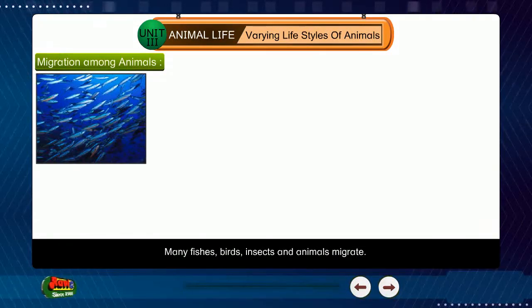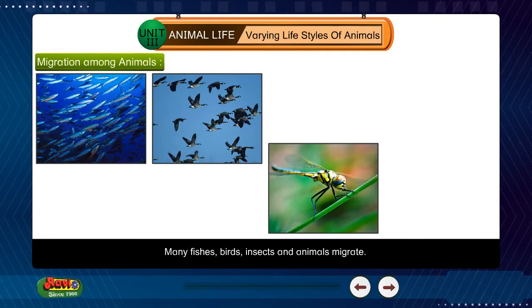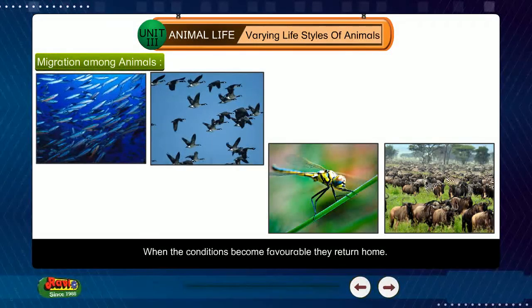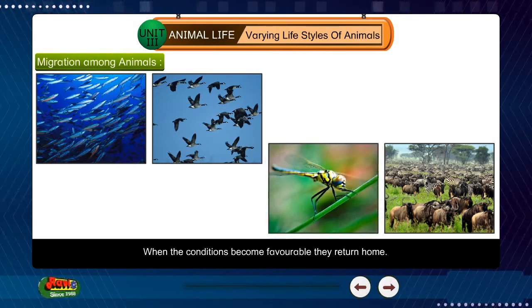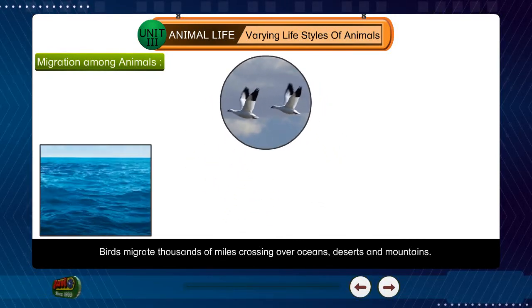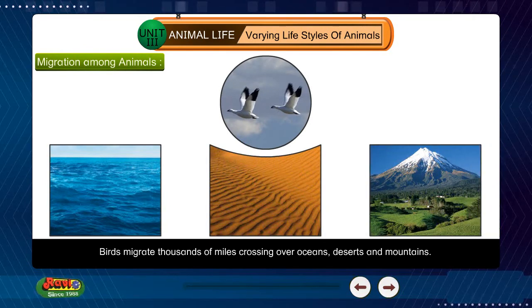Many fishes, birds, insects, and animals migrate. When the conditions become favorable, they return home. Birds migrate thousands of miles, crossing over oceans, deserts, and mountains.